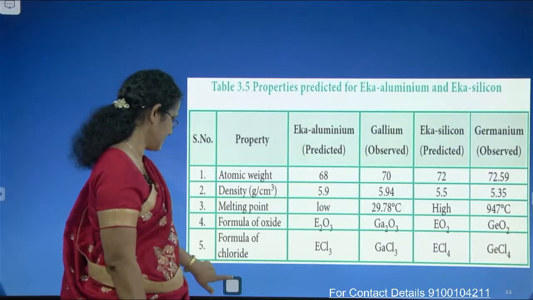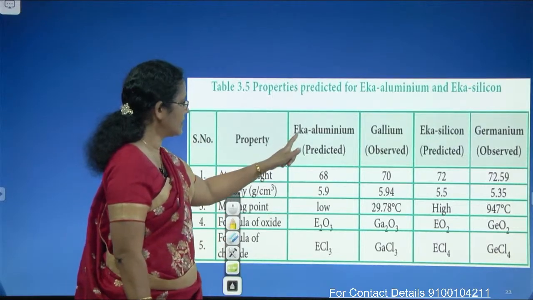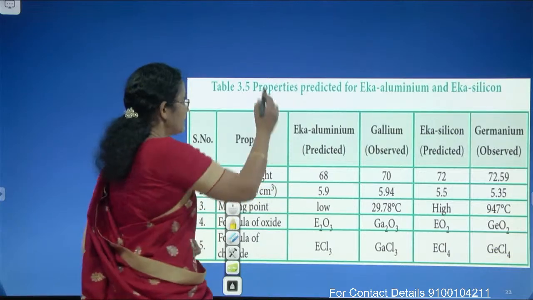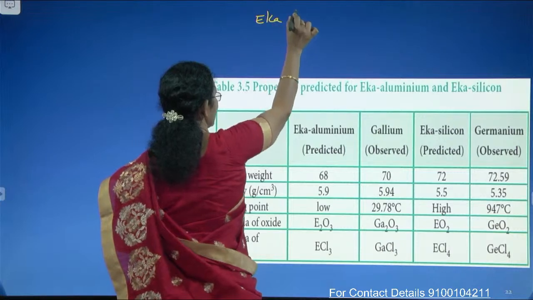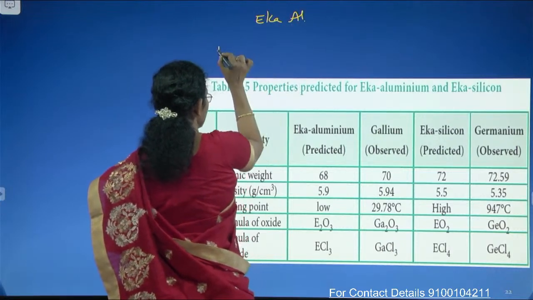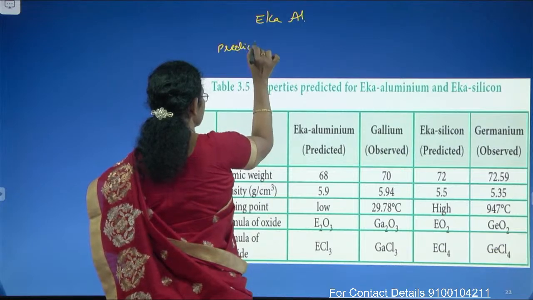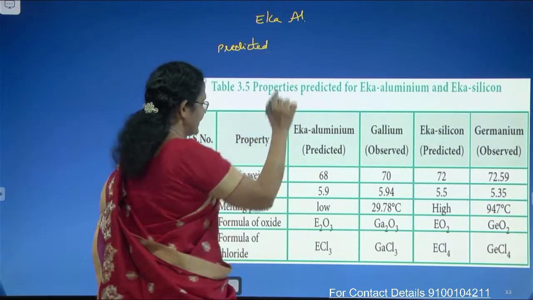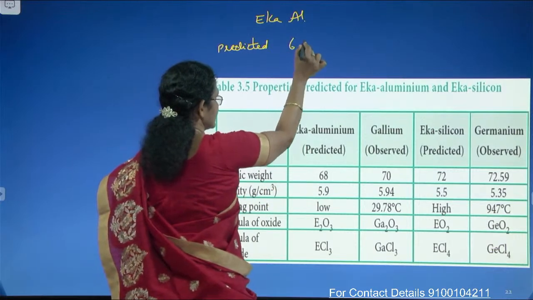See, for example, Eka aluminium, the predicted value, atomic mass 68.